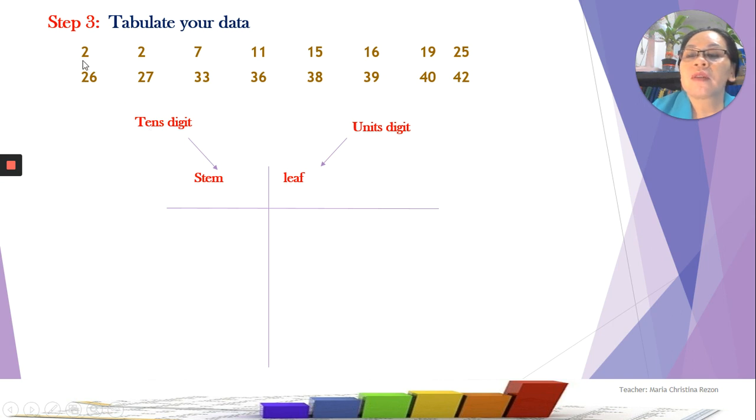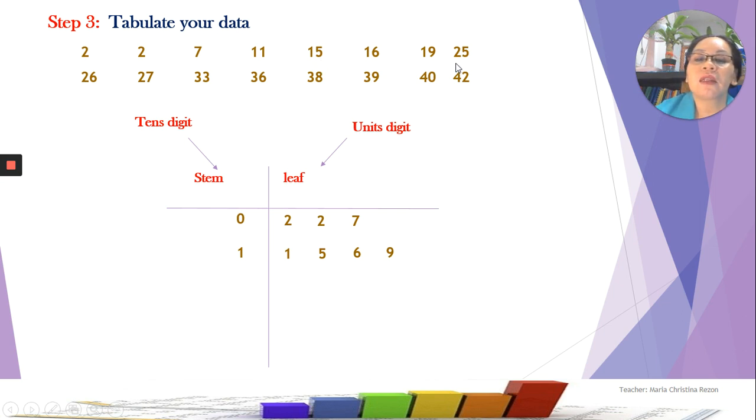So you have 2, 2, 7, and it's only in the units digit, so that our tens digit for these 3 observations here will be 0. And then write 2 to the units digit, 2 and 7. So you'll have that. And then continue the process. So you'll have 11, 15, 16, and 19. The tens digit is 1. And so you will write the corresponding units digit.